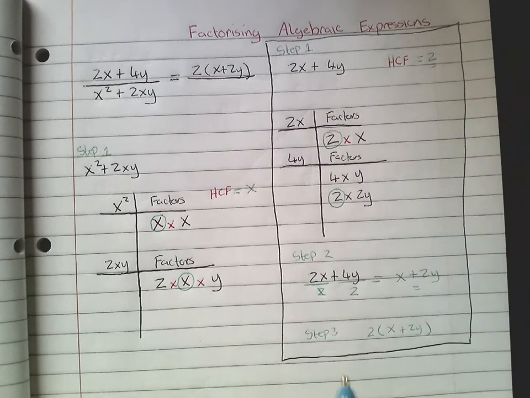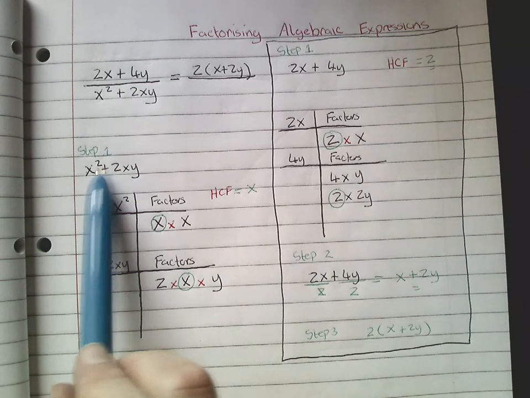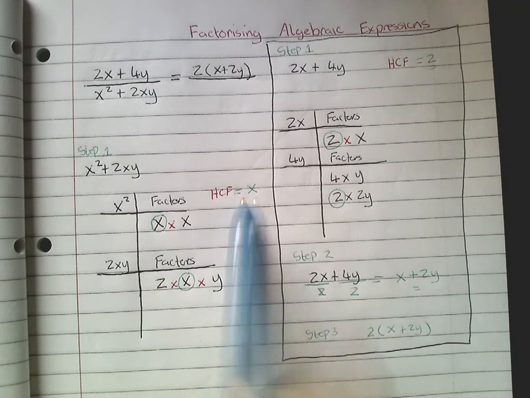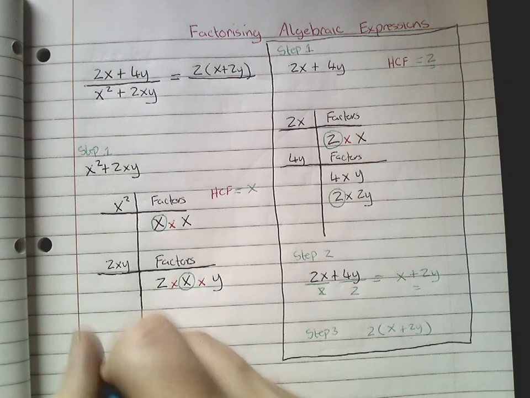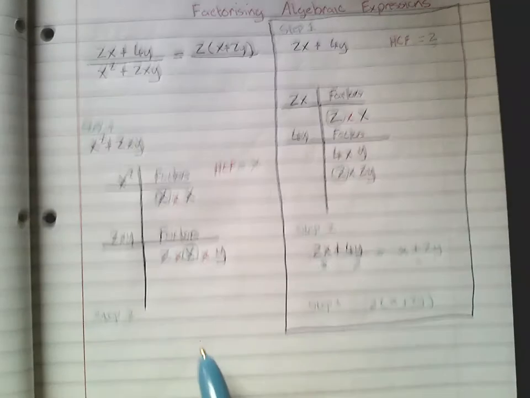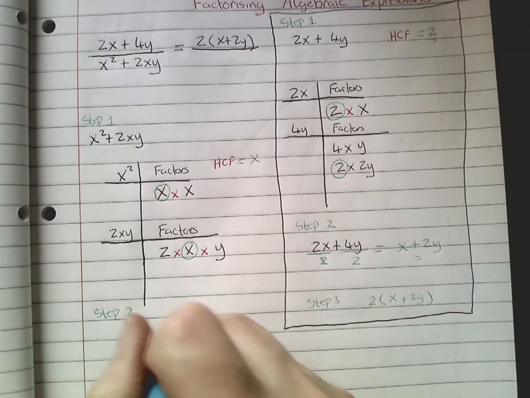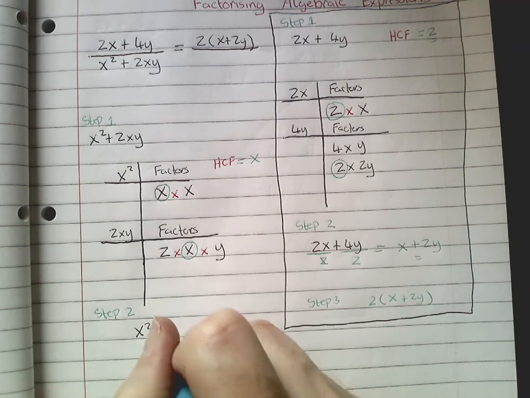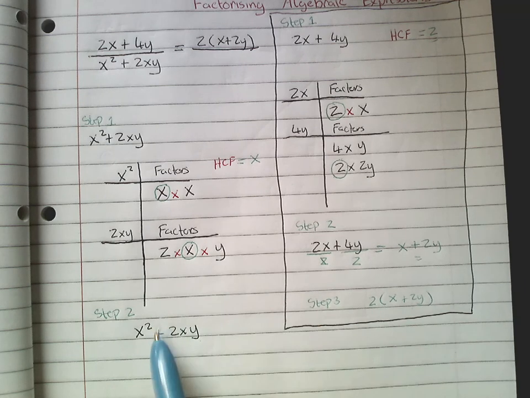So what we do then is we take our expression and divide it by the highest common factor. So this is step 2. We take our expression, which is x squared plus 2xy, and then we divide each part by the highest common factor.